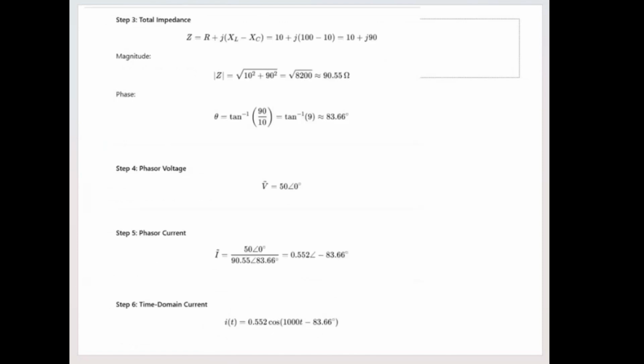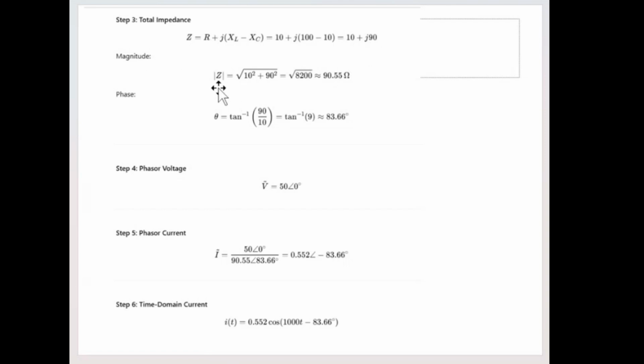And in the next slide, we add all the impedances together. From the resistor, it's just R. And for the inductor and capacitor, it would be j times (X of L minus X of C). That's going to be 100 minus 10, and it would be 10 plus 90j.